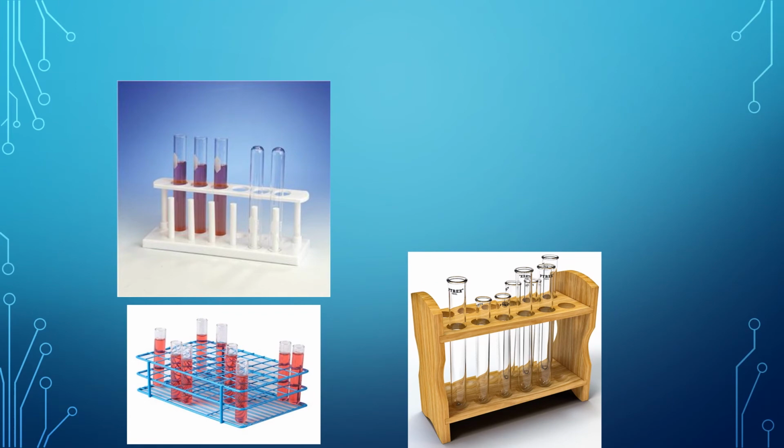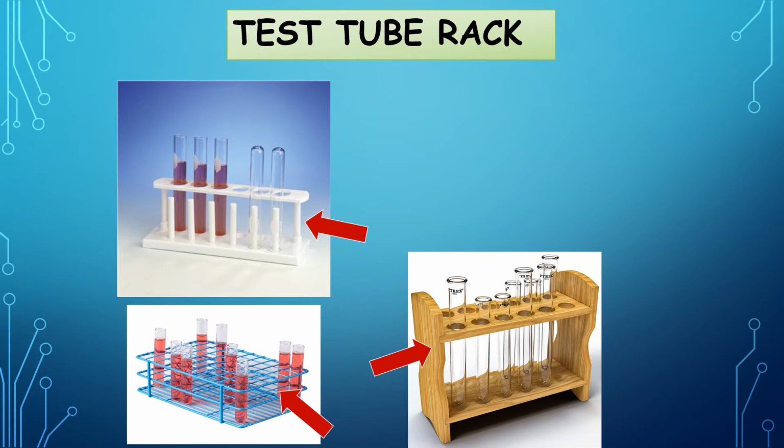Okay, what about this one? What is the name of this one? It is called test tube rack. Now, test tube rack can be made from plastic, wood, or metal. Now, what is the function?